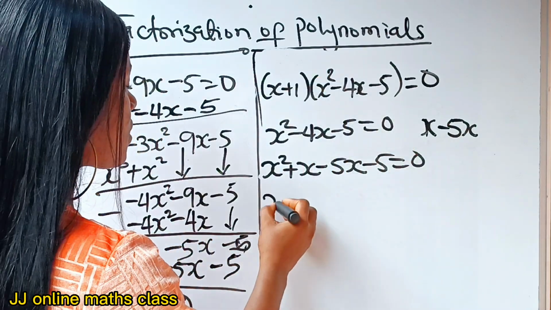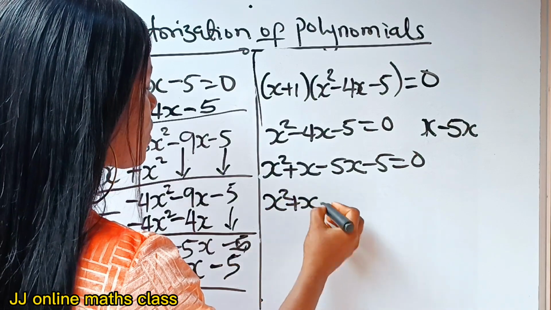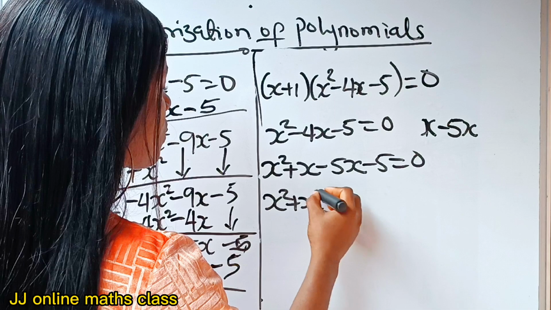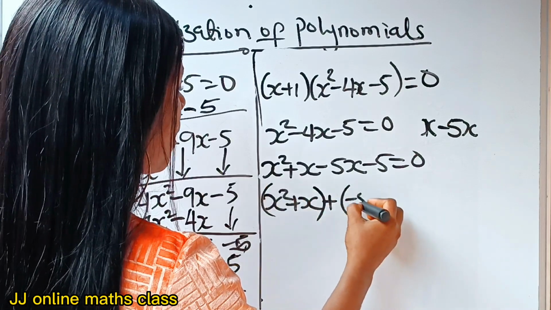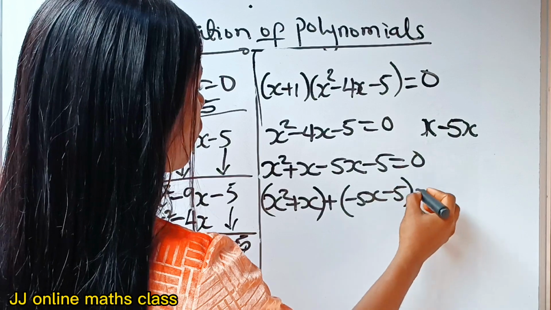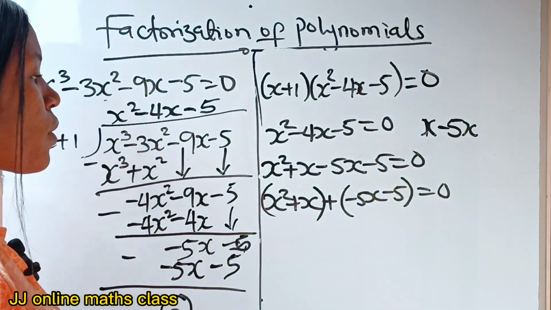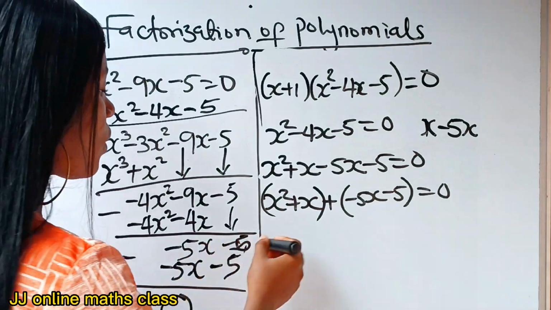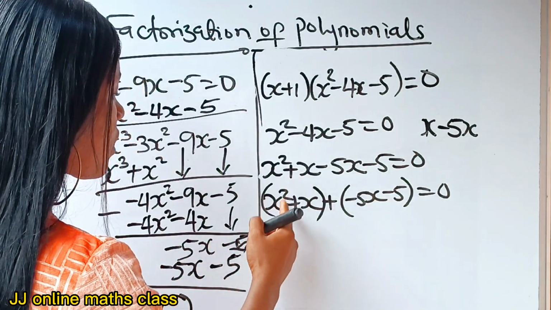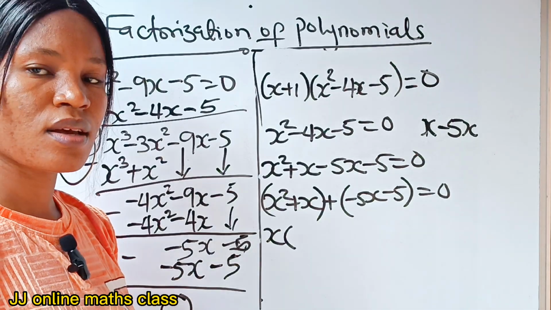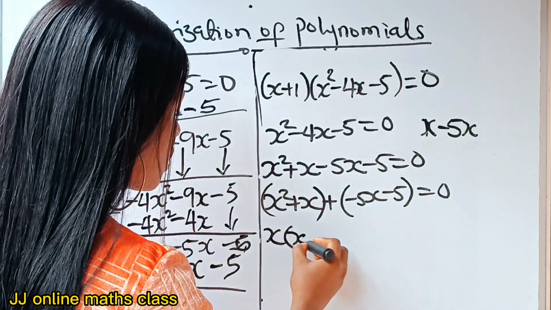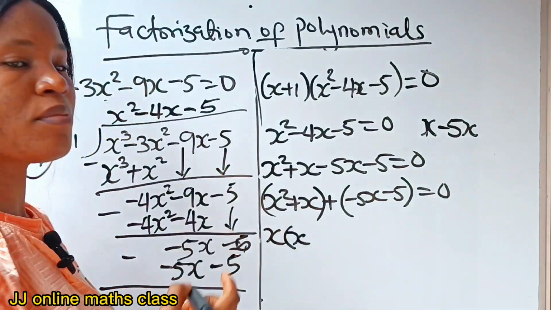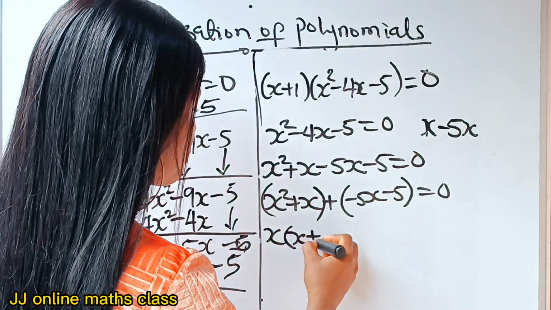Alright, now this is the same thing as x squared plus x plus, in brackets, minus 5x minus 5 is equal to 0. So what do they have in common here? x. When x squared is divided by x, we have another x. When plus x is divided by x, we have plus 1.